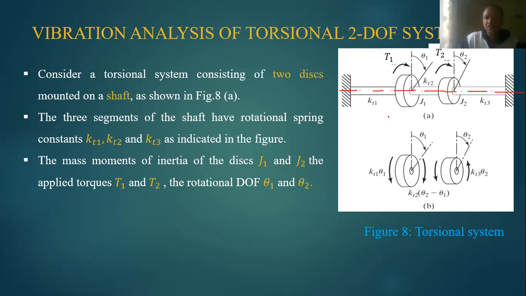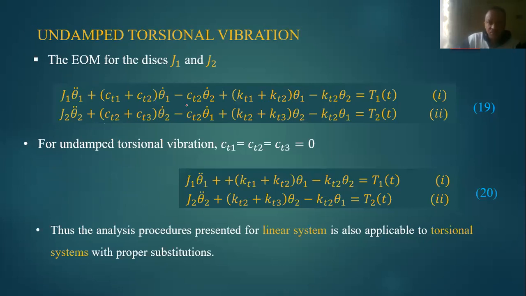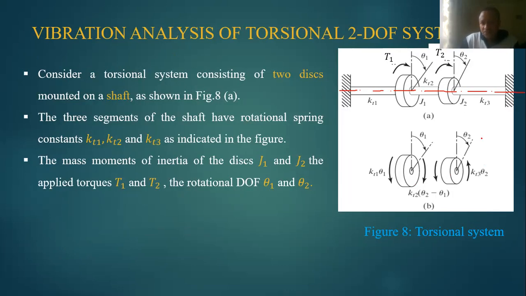If torque is 0, then it is free vibration. Now, in the general case, consider the torque is there. So the equation of motion, taking this free body diagram, let's see, this is the free body diagram for each disc. This is disc number 1 and disc number 2.